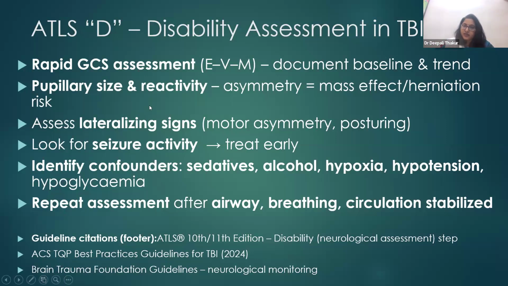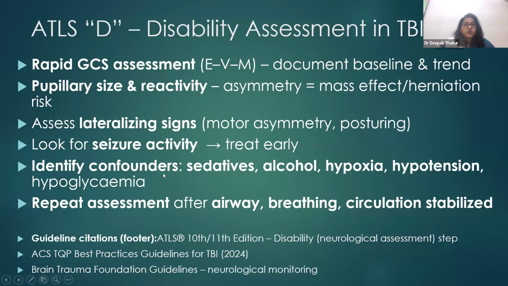Pupillary size and reactivity, again asymmetry, mass effect, herniation, you'll be able to identify when there is an asymmetry. Assess for lateralizing signs, look for seizure activity, and you have to control this under any circumstances, because a single seizure increases oxygen demand of the brain, which is not essential and can be dangerous for these traumatic brain injury patients.